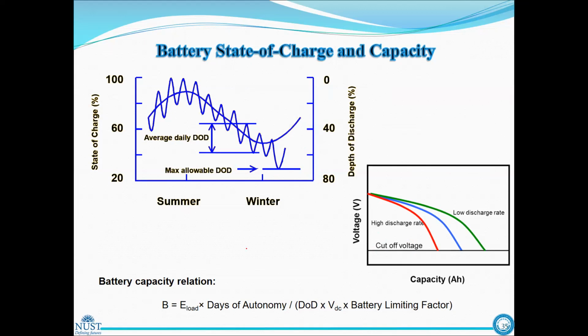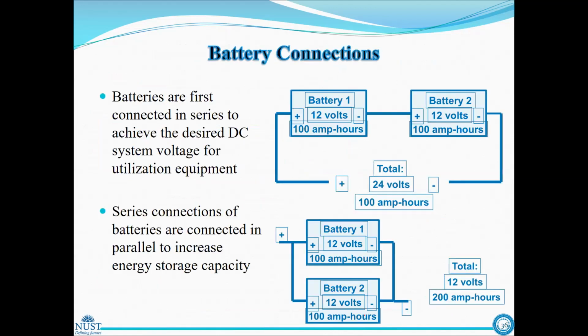Battery capacity relation, here is a simple relation. If we know the electric requirements of the load, and we know the days of autonomy, or if we do not need days of autonomy, we can use only one here. We know DOD, we know the DC voltage of the battery, and then finally the limiting factor. The limiting factor depends on the type of the controllers and their efficiencies. So we can finally calculate the battery capacity if we know the load and other requirements.